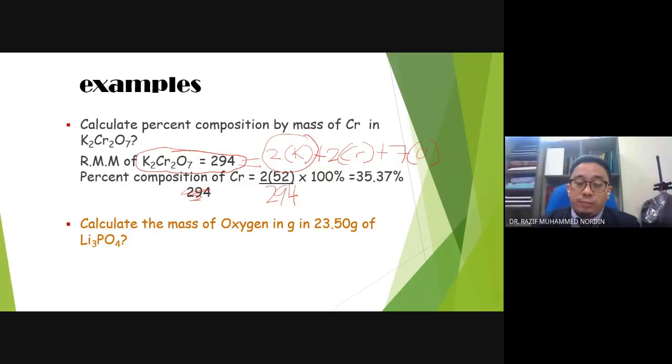Different software, window berbeza. Okay. 2 times 52 divided with 294 times 100. So di sini you akan dapat percentage dia untuk chromium, 35.37%.